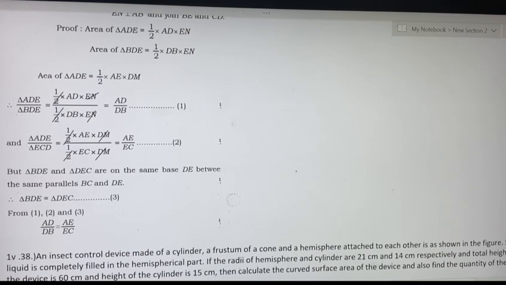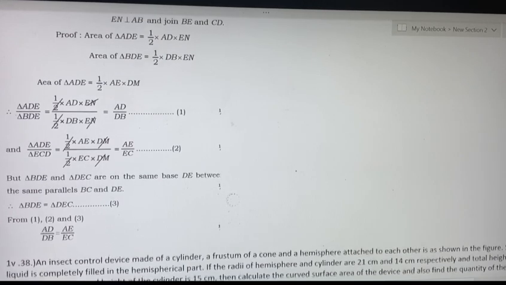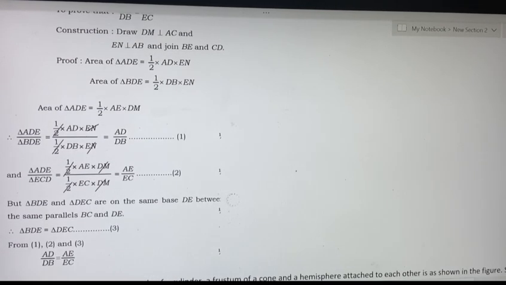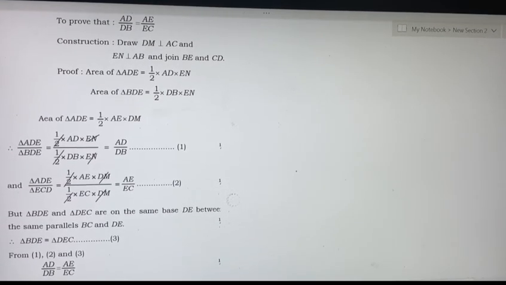But triangle BDE and triangle DEC are on the same base DE between the same parallels BC and DE. Therefore, triangle BDE is equal to triangle DEC.